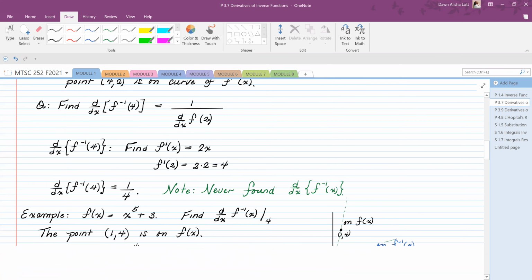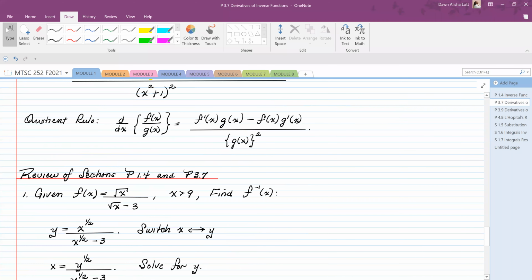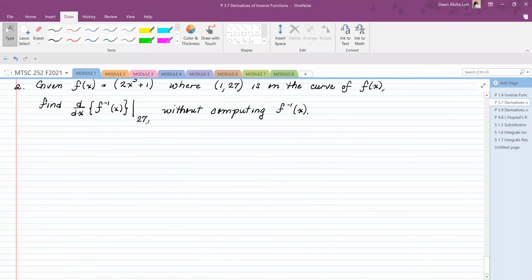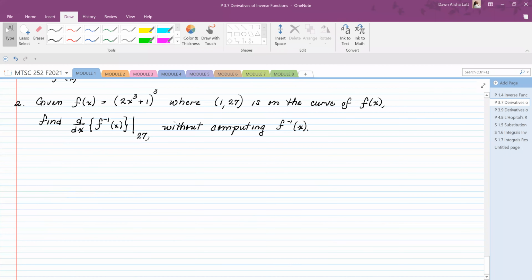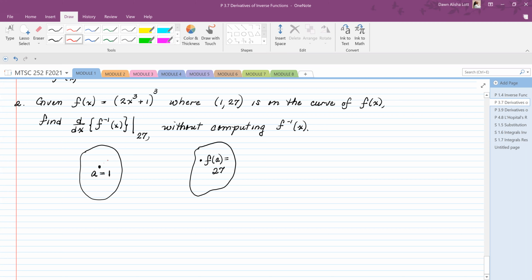So let's go back and draw a quick picture. All right, so over here is a, which is equal to 1. And over here is f of a, which is equal to 27. So f takes me from here to here.